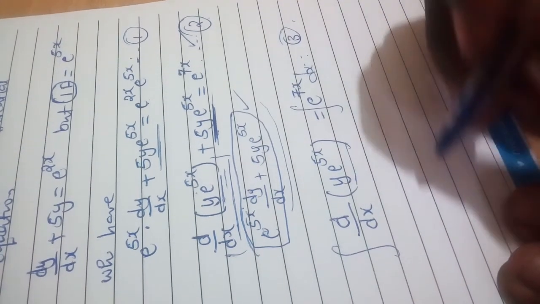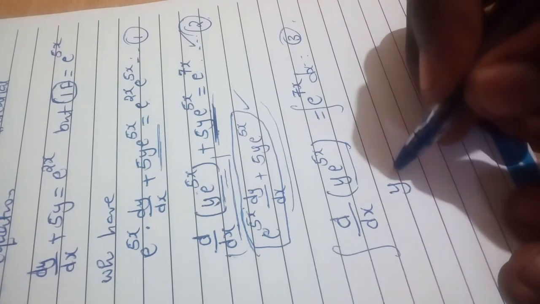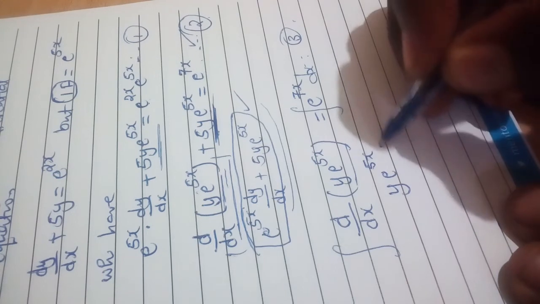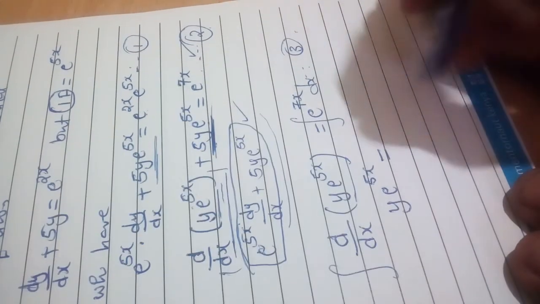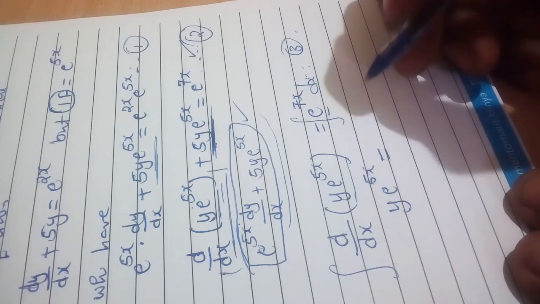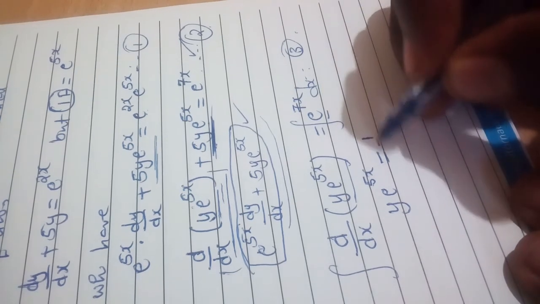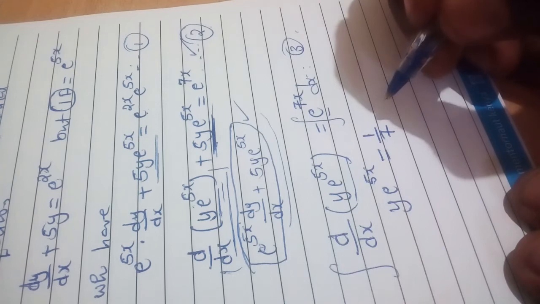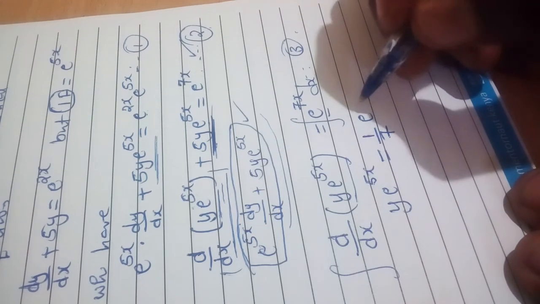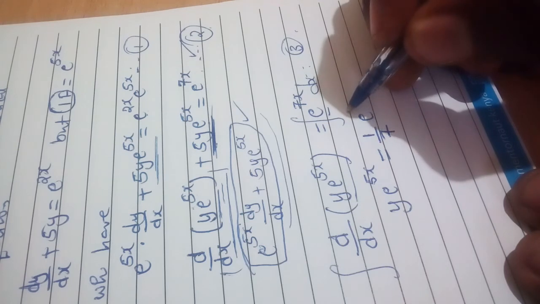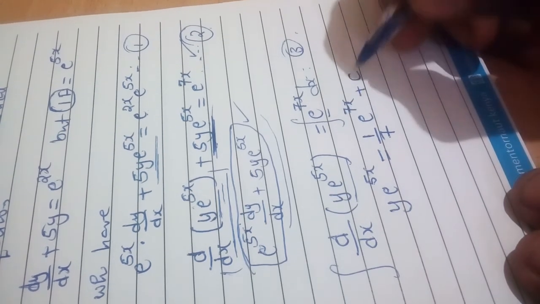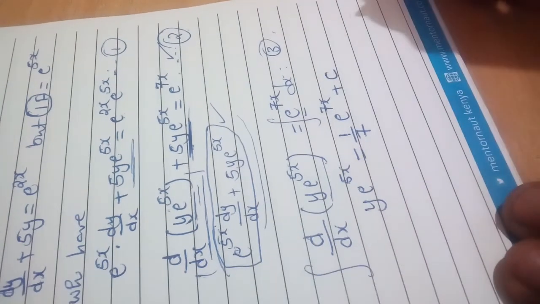When we integrate this one, we are going to remain with y e raised to power 5x equal to, when we integrate the exponent raised to power 7x, we get 1 over 7 multiplied by e raised to power 7x, then plus c, the constant of integration.